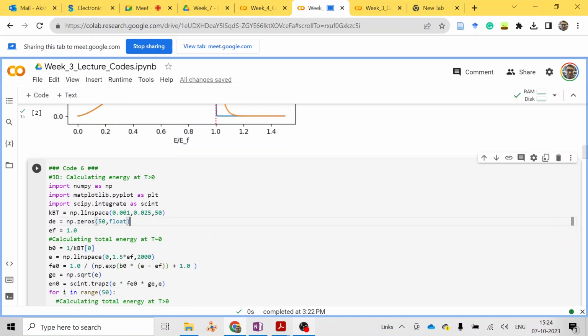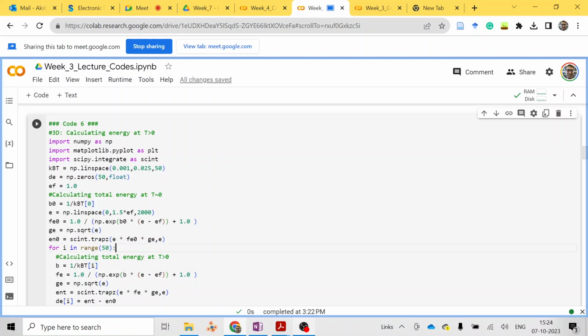And they have taken delta E range values, which are the intervals in which we will calculate, so that we have taken to be np.ones 50 of this numpy array.